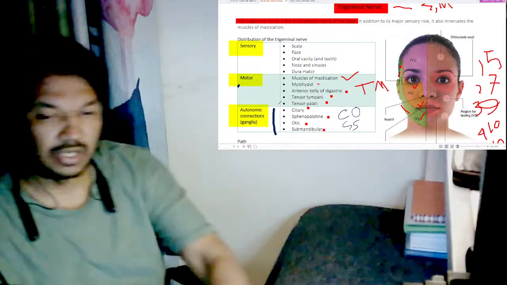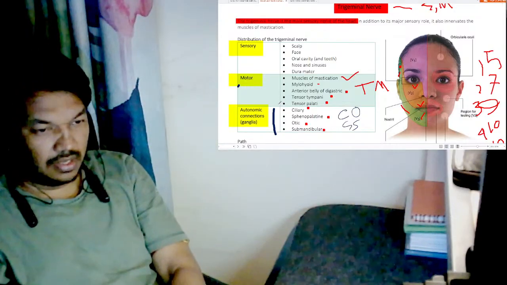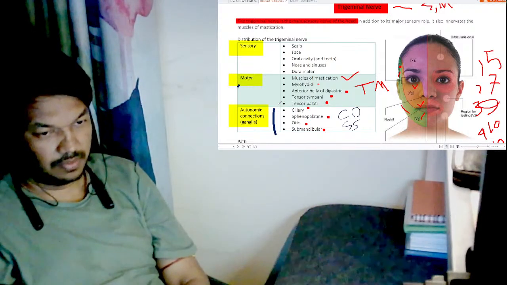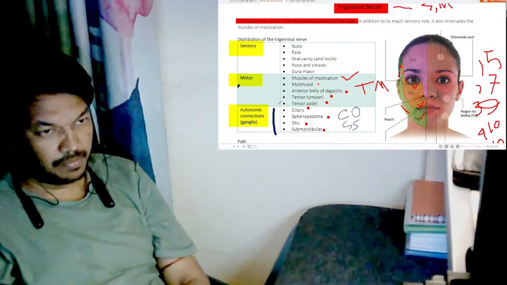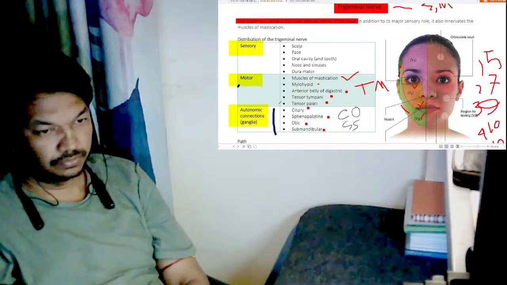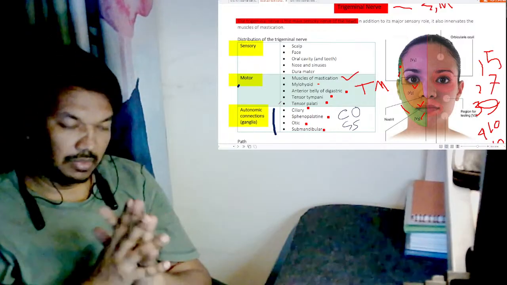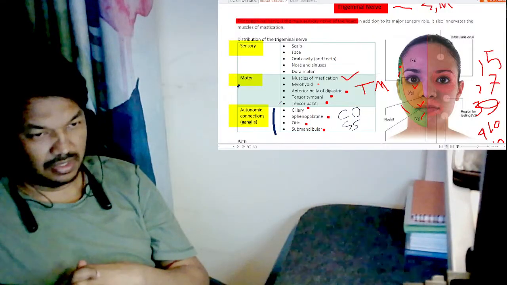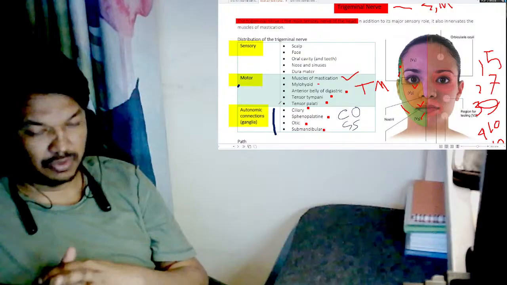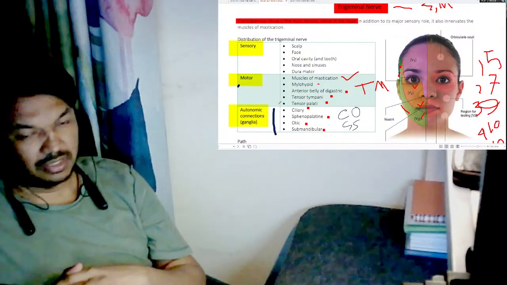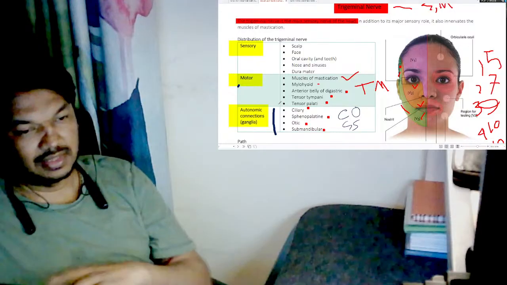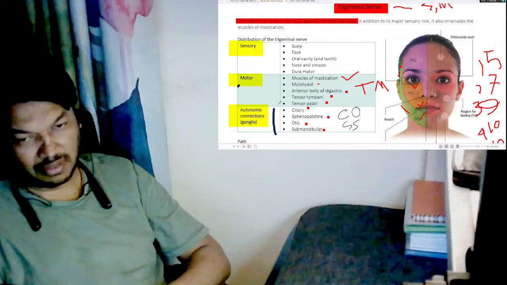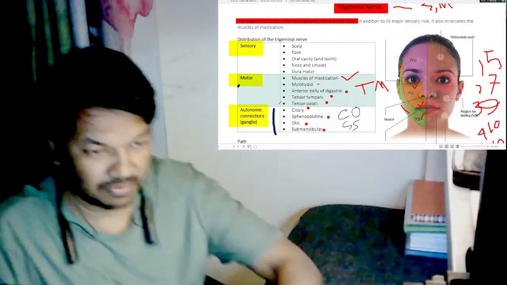Autonomic means involuntary. You can just remember these are a special type. It is not like sensory or motor, it is a special type of function. Trigeminal itself is a mixed nerve with both motor and sensory function.